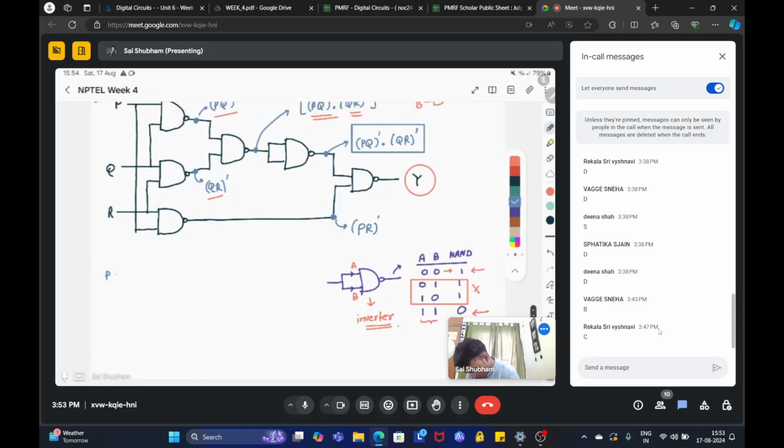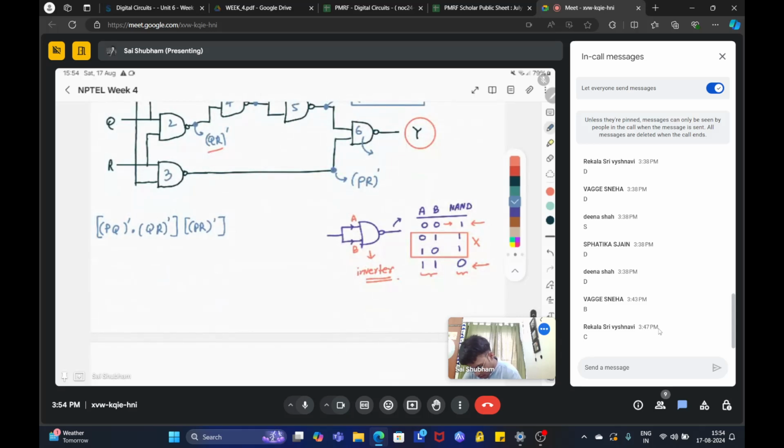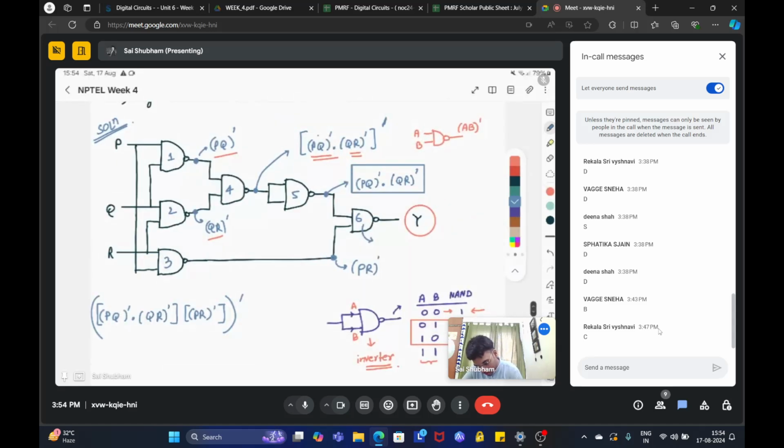Now we have PQ bar and with QR bar, here we have PR bar. Okay, PR full bar, and we are passing it through this final gate. So we are passing it through the sixth NAND gate. Okay, so the expression will be like this, similar to this.